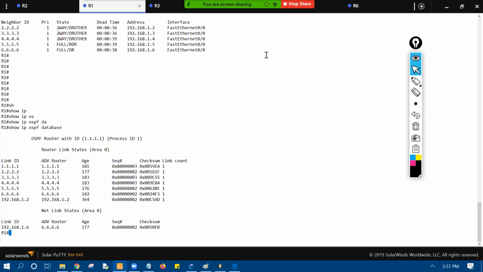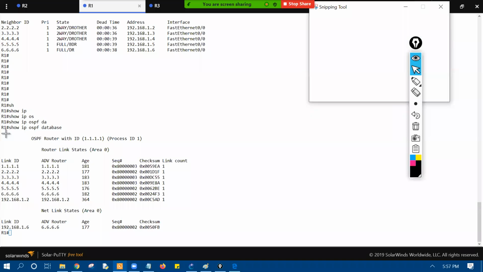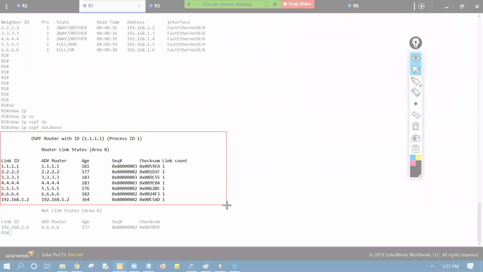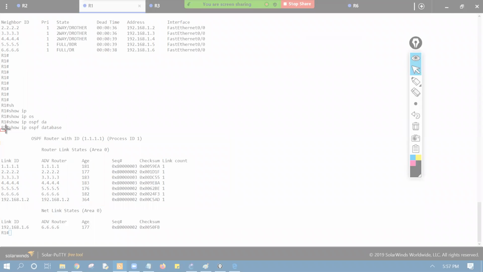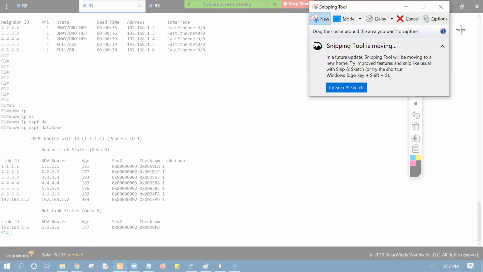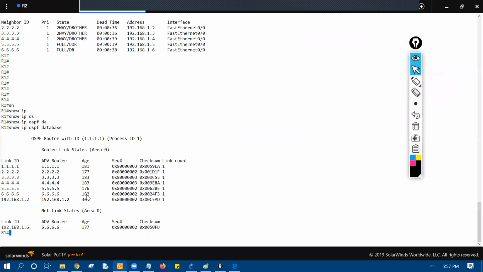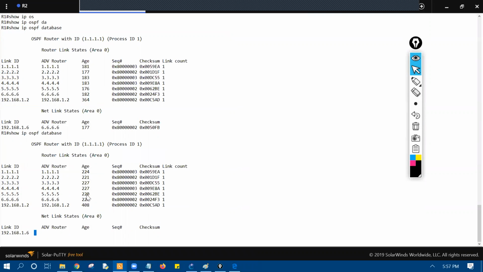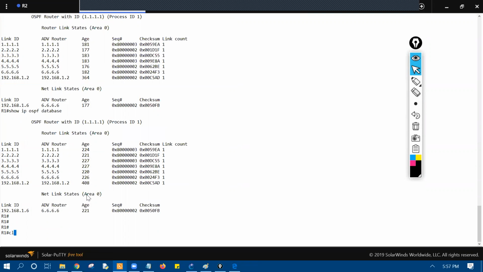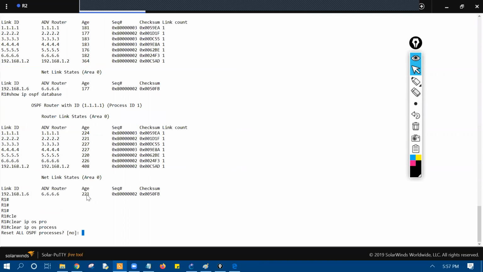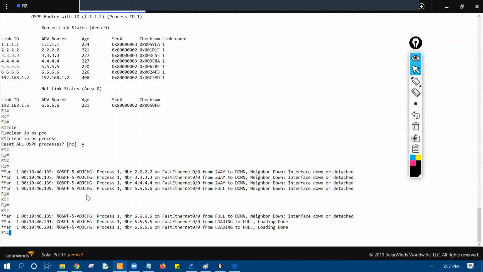Let me take a screenshot. Who is this 1.2? It should not be there. One minute. Clear IP OSPF process. Yes. I have only 5 neighbors, so how can I get this information?